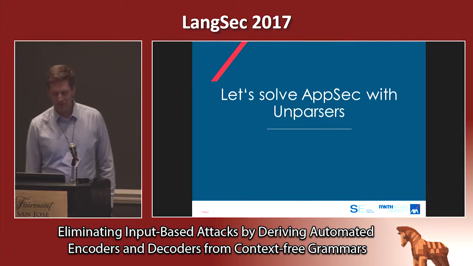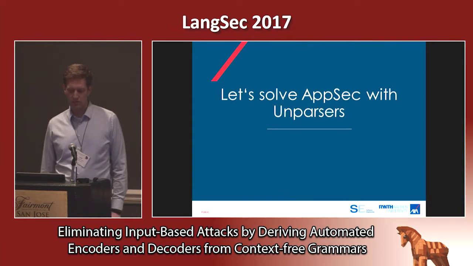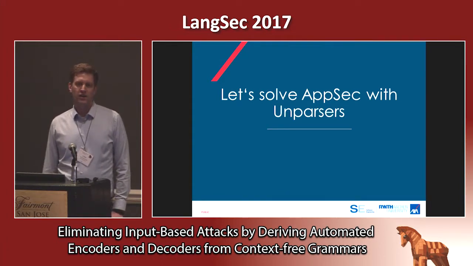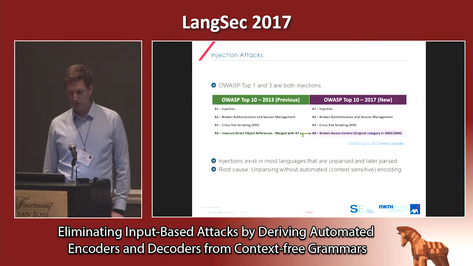So we actually have problems in application security, the web thing, that can be simply solved by unparsing correctly. I'm glad to see this year the OWASP released another top 10 list, so I can reference this here.